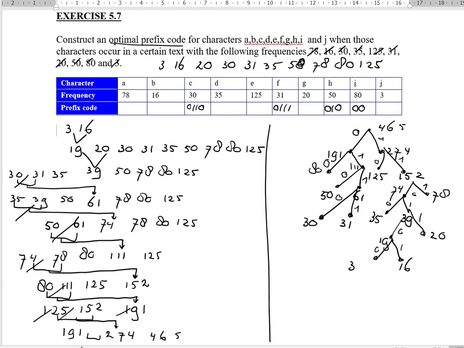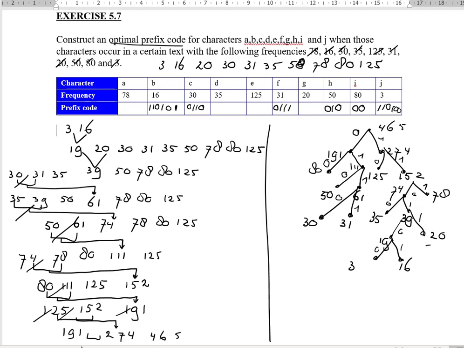This 3, this should be the highest one, of course, so that's 1, 1, 0, 1, 1, 0, 1, 0, 0. Okay. 16, that's exactly the same one, but only the last one changes, so that's 1, 1, 0, 1, 0, 1.